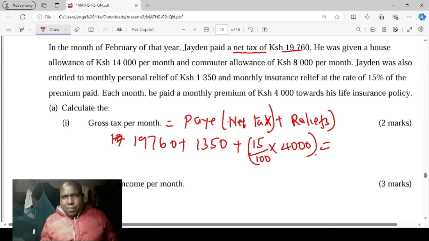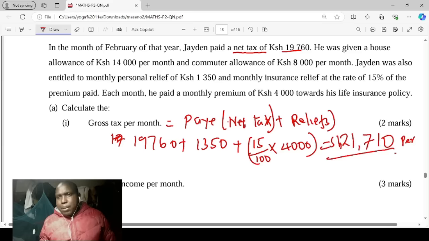So this will give us a total gross tax of 21,710 shillings. And this one is per month, because all this was monthly.